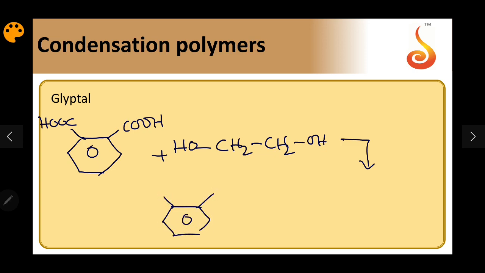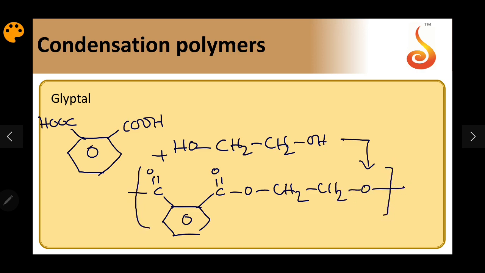So the partial structure is again similar to Dacron. So this keeps repeating. Glyptal is mainly used in paints. Okay, that is glyptal.